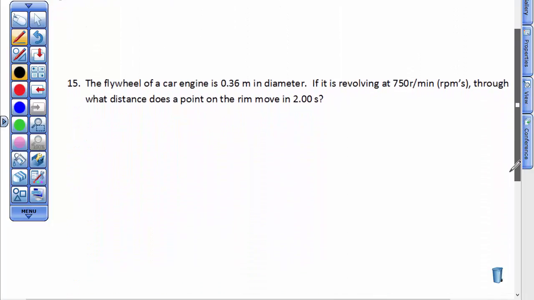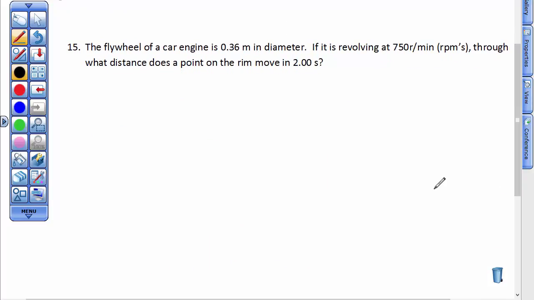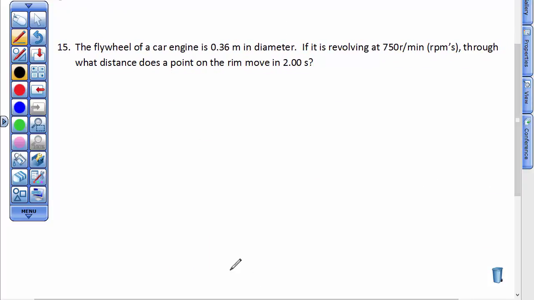An engine. The flywheel of a car engine. Its diameter is 0.36 meters. So if its diameter is 0.36 meters, then cut that in half for the radius. And that radius is 0.18 meters.